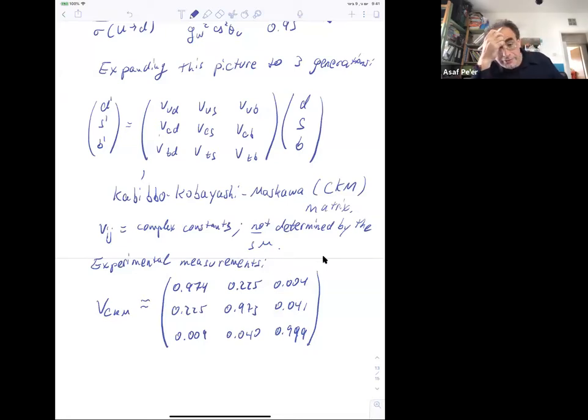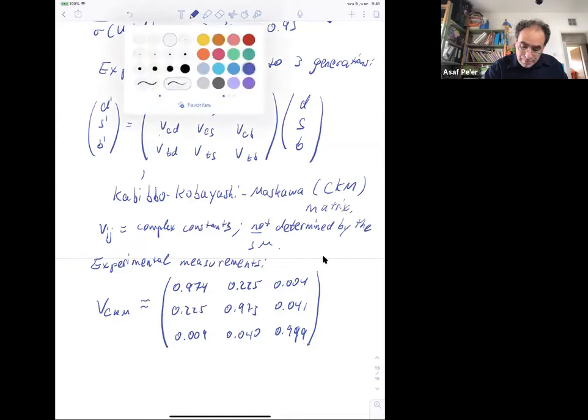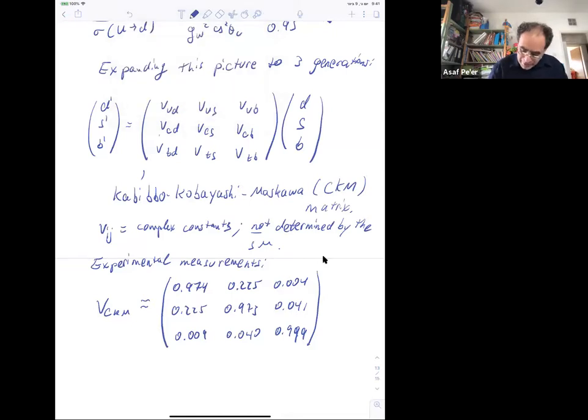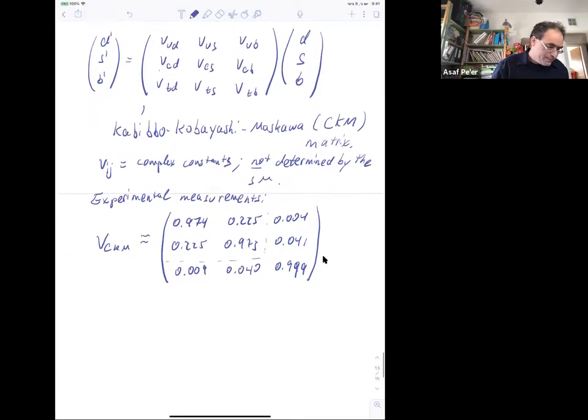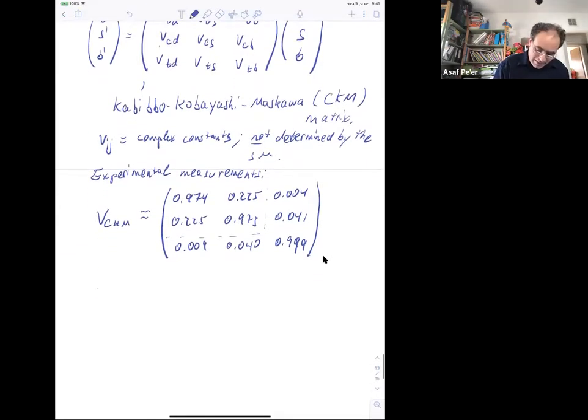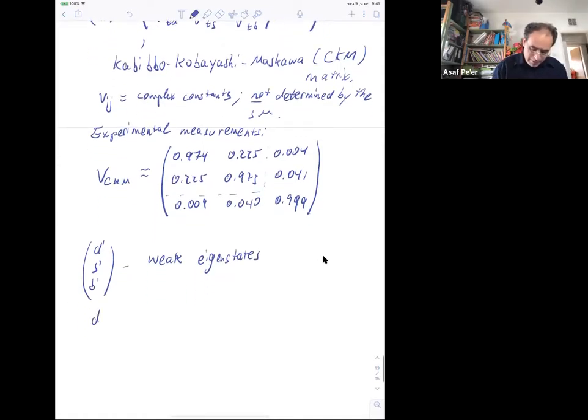Now, if we just take the first two rows, there's a 2 by 2, and we get back the Cabibbo matrix. Now, D prime, S prime, and B prime are called weak eigenstates, and the D, S, and B are known as the mass eigenstates.